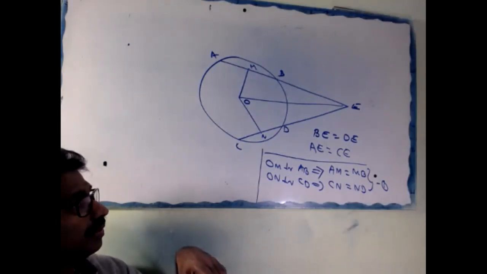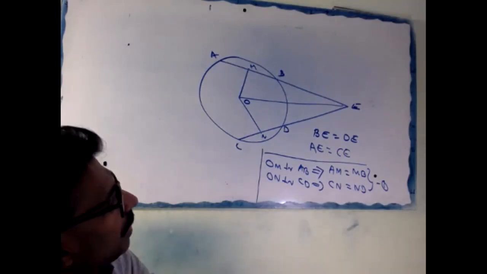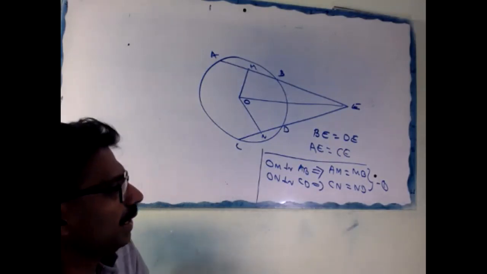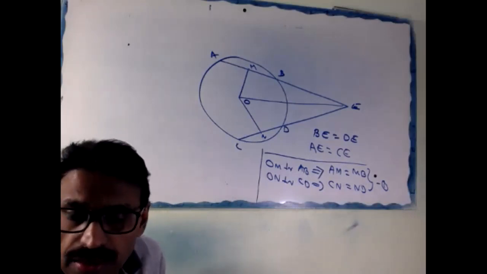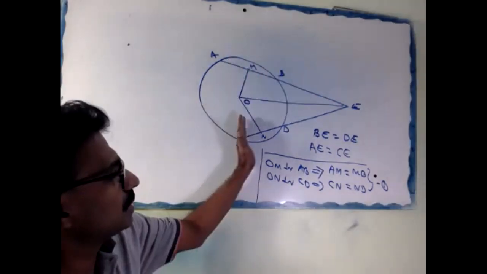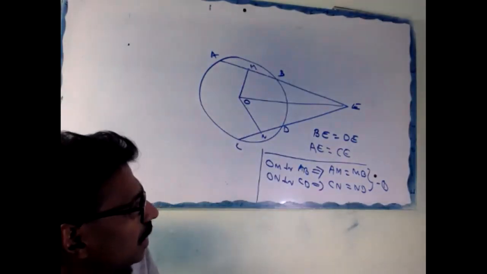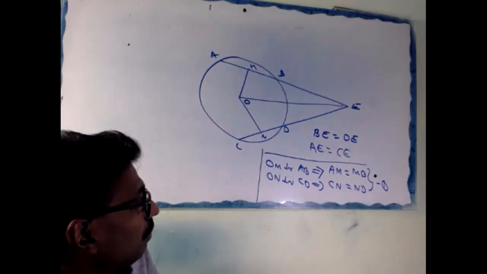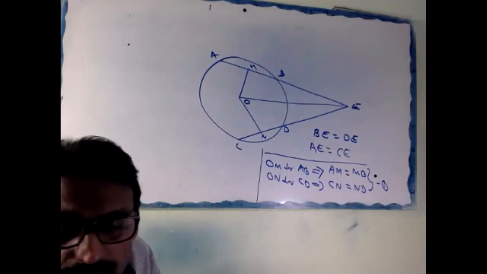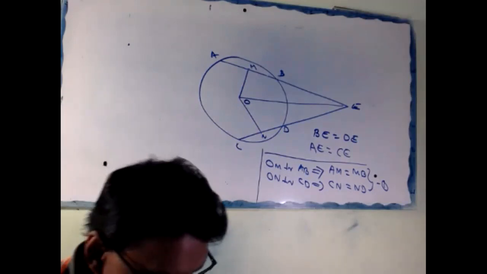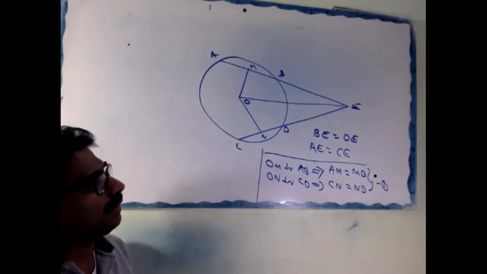Therefore, AM equals MB equals CN equals ND. Correct? Everything is equal. Up to here, clear or not? Is it okay?